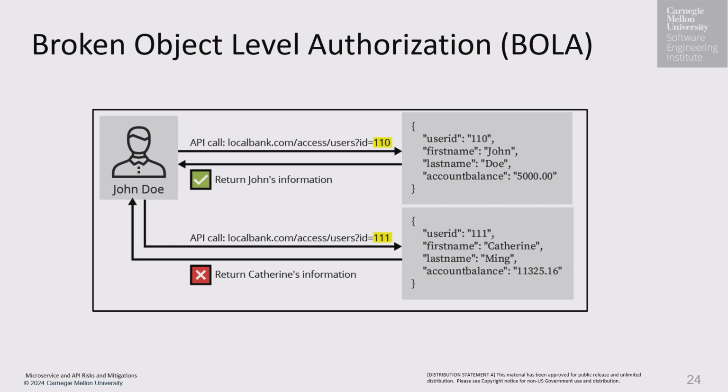Say, for example, in your banking system, you should be able to see your own bank account, but if you can change the parameter in the API and view somebody else's bank account, then that's a broken object level authorization issue. Most often, this vulnerability is associated with the API parameters. Not always. There are ways to have this vulnerability that are associated with other parts of the API, but most often, it does come with the parameters.